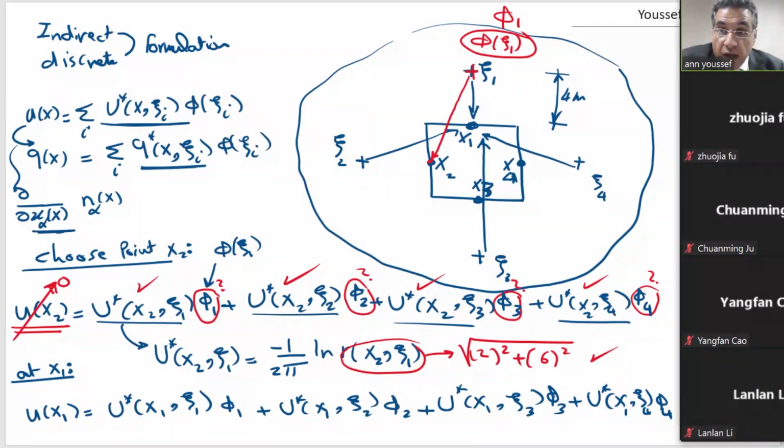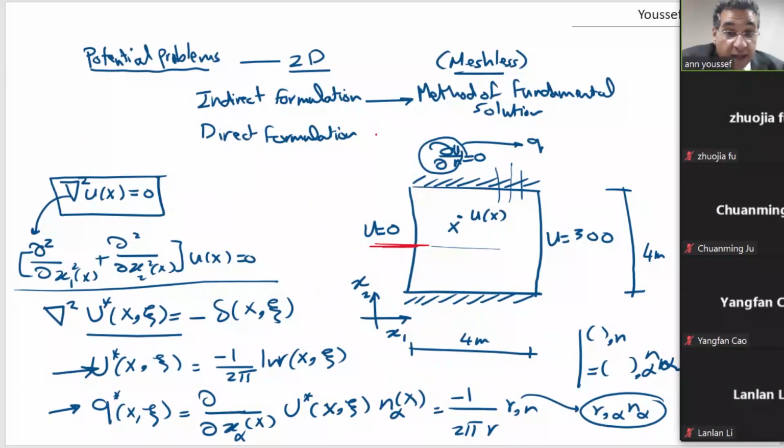Where are the knowns and the unknowns? Still, these phi's are unknowns. The intensities of the phi's are all unknowns, and the fundamental solutions are known. We can compute them. But what about the value of u at x1? Here is x1 at this side.